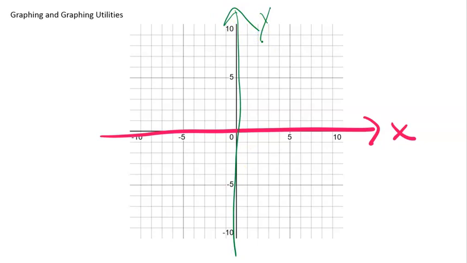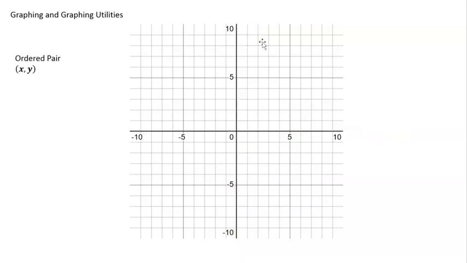Okay? Now, to name a point or to find any location within this grid or this xy axis, we use something called an ordered pair. Okay, so right here, it's a pair of coordinates. The x is called a coordinate and the y is called a coordinate.